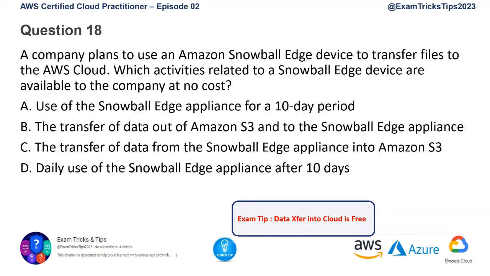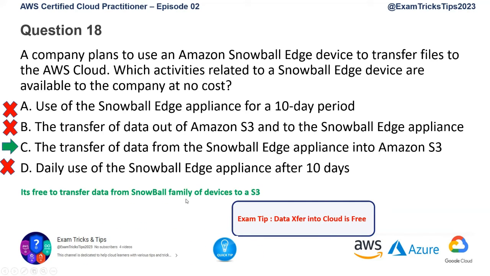So if we look at all of these, option C is the only one where the data transfer is happening from outside the cloud into the cloud. So you are using Snowball Edge to put data into Amazon S3, and that's why that's the correct answer.